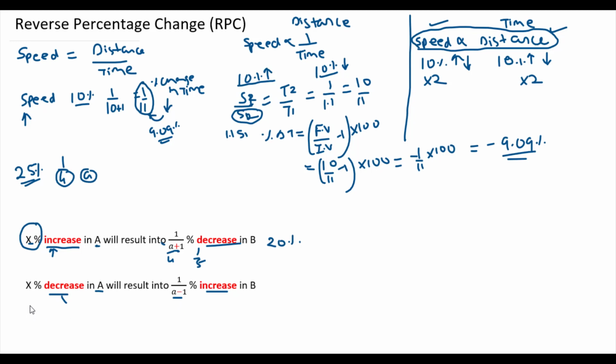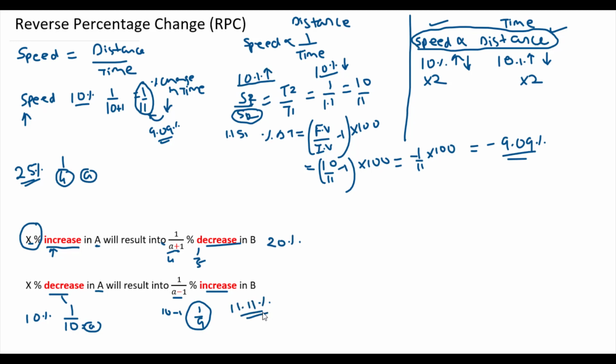Suppose, for example, there is a 10% decrease in A. In ratio form it can be written as 1 by 10. So 10 will be your value of A. If we substitute 10 here, 10 minus 1, it will be 1 by 9. So your B will increase by 1 by 9%, which will be 11.11%.